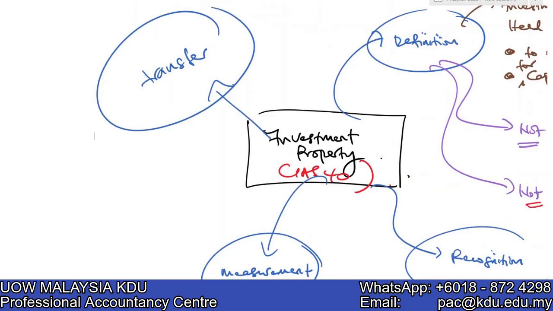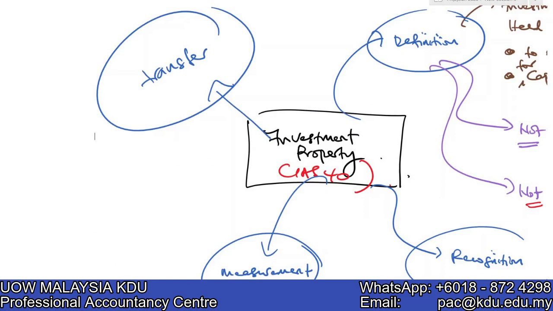If they are used as my head office, they will be classified as PPE, property, plant, equipment, because it's for own use. Now, I'm going to rent it out. So is it still property, plant, equipment? No, it's no longer PPE. It's from PPE to investment property. Is that right? So how to account for the change?